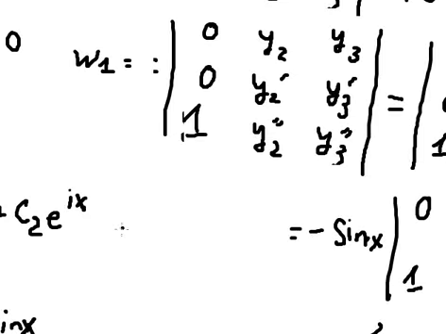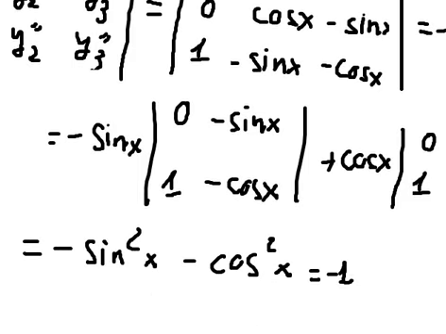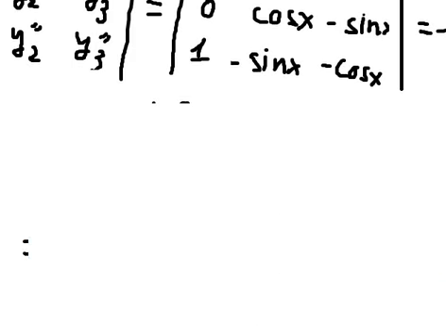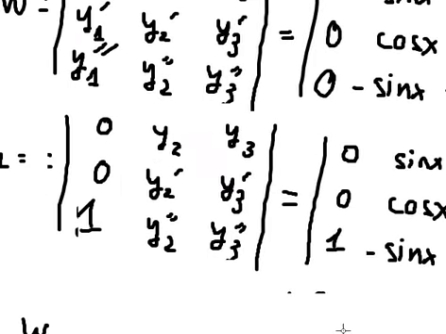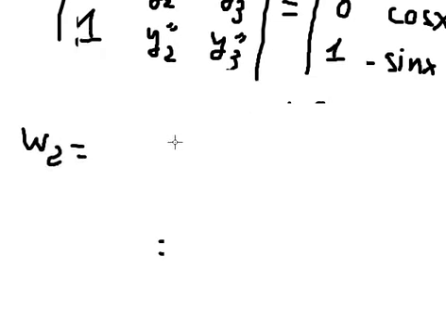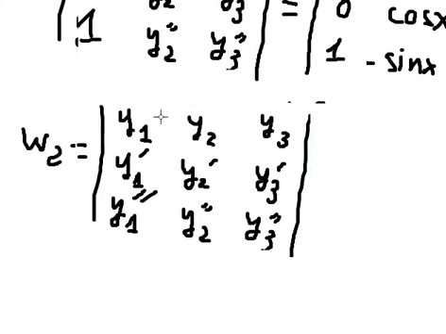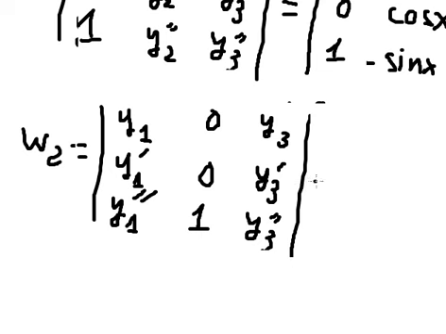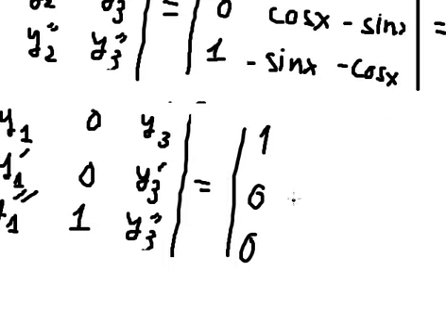Now we go to W number 2. So in this one, we put 0, 0, number 1 in the middle of this one. So this one we have 1, 0, 0. The next one 0, 0, number 1.